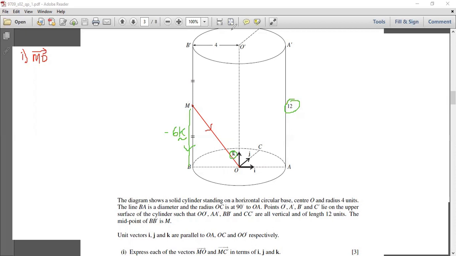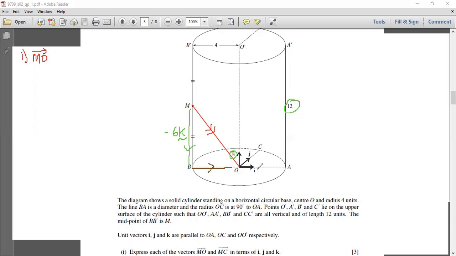And then it's like walking along the red line from M to O. I walk from M to B first, and after that I walk from B to O, so we're adding like that. The resultant vector, usually signified with a double arrow, is MO. Now how about the BO line?